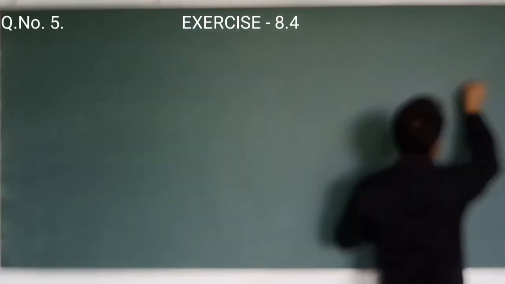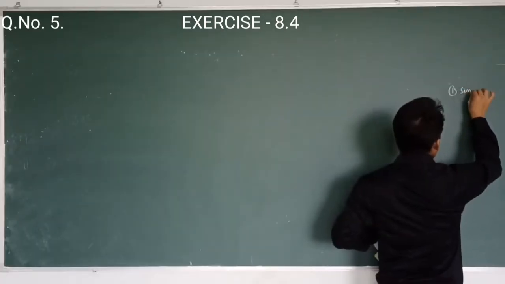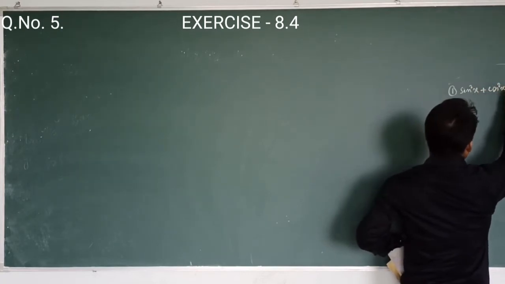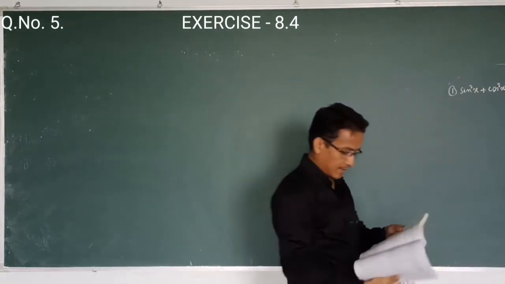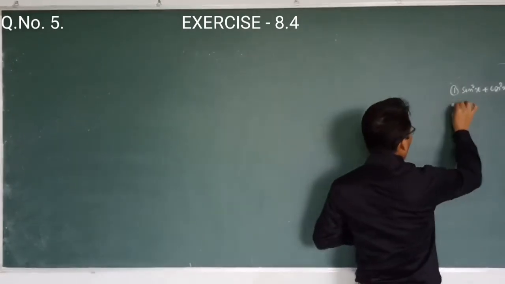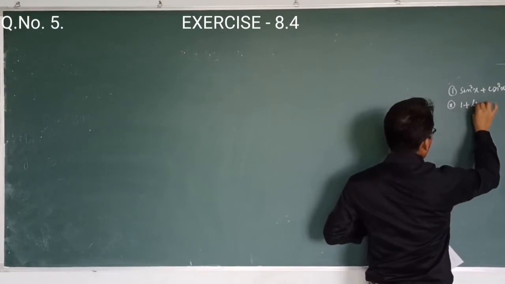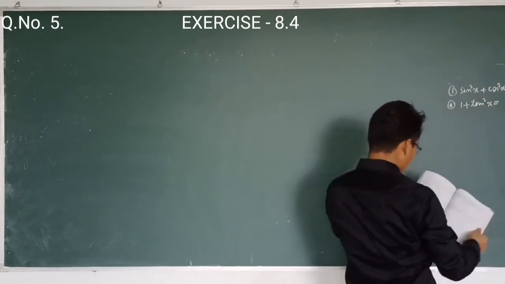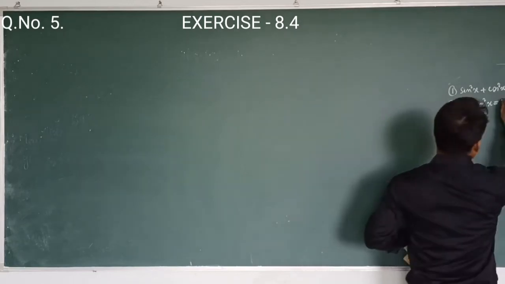The first identity is sine square x plus cos square x equals 1. The second identity is 1 plus tan square x equals sec square x.